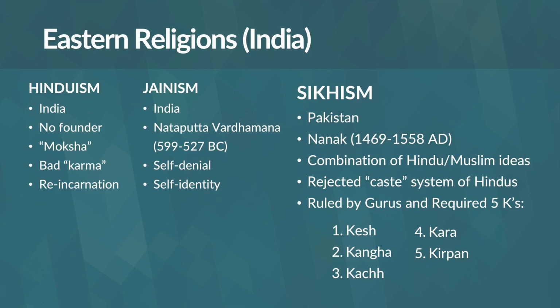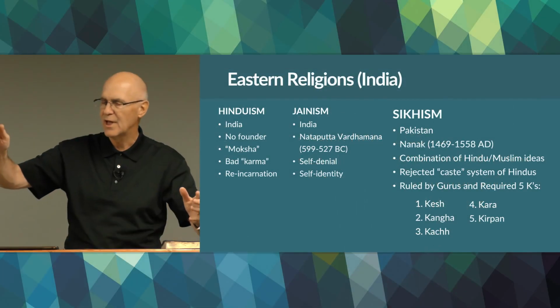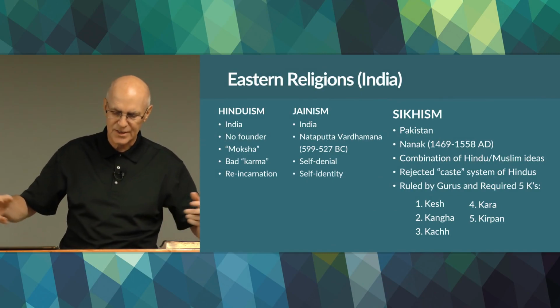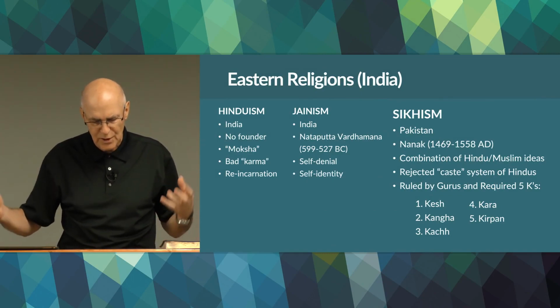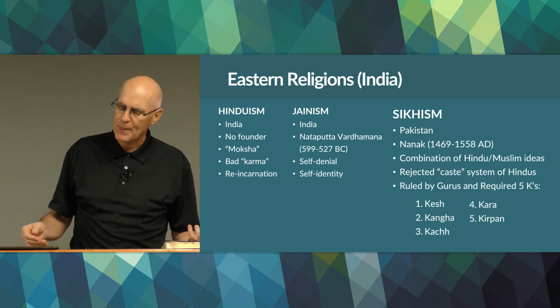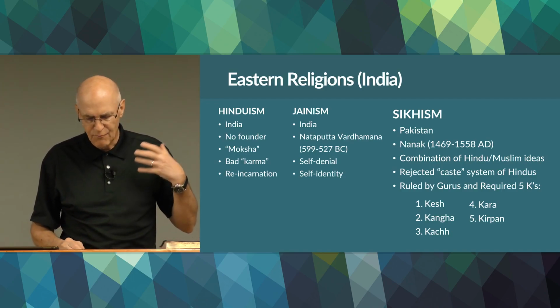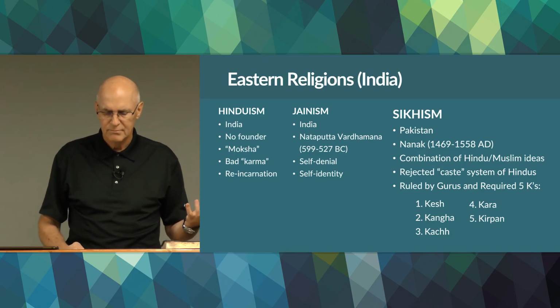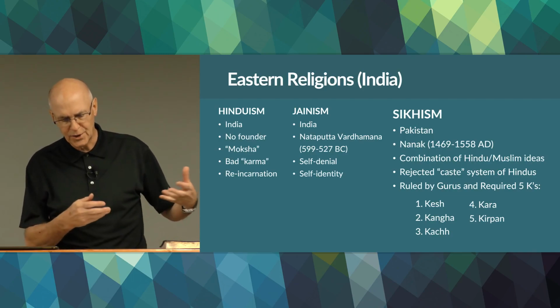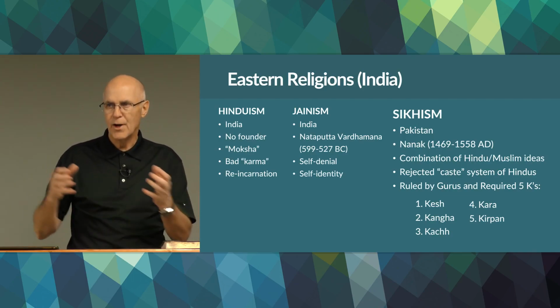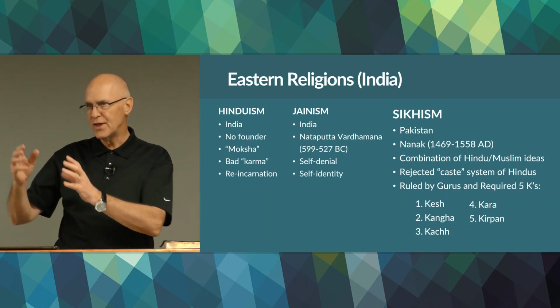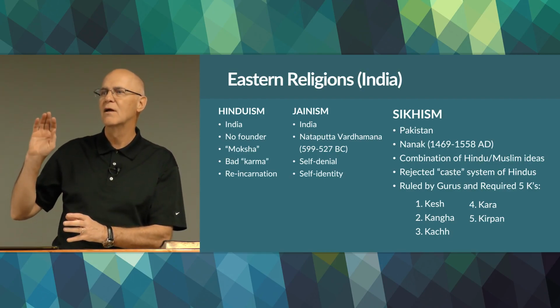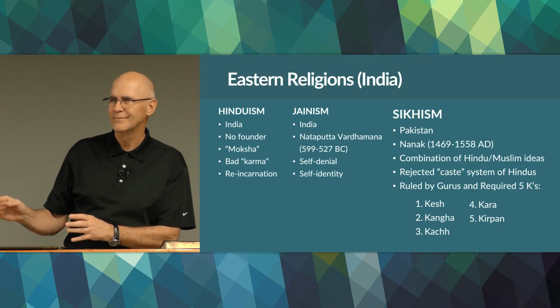Main ideas in Sikhism: Nanak lived in an area that bordered Hindus and Muslims, and so his religion is a combination of Hindu and Muslim ideas. He kept the idea of moksha in Hinduism and the reincarnation, but he borrowed the monotheism from Islam. Okay?